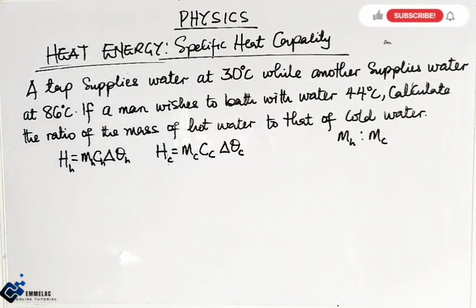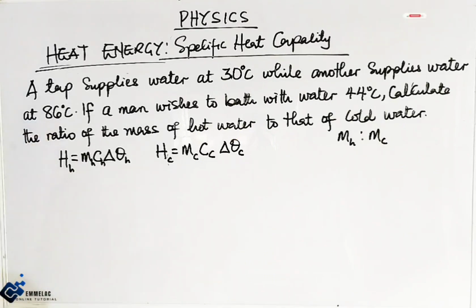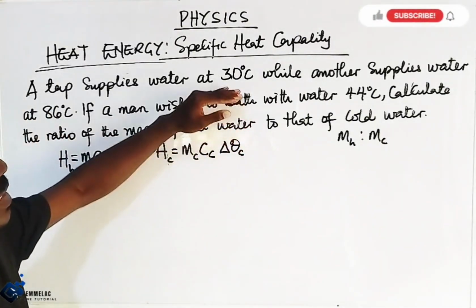Now it implies that as a particular amount of heat is released or lost by the 86 degrees Celsius hot water, a particular amount also is absorbed.